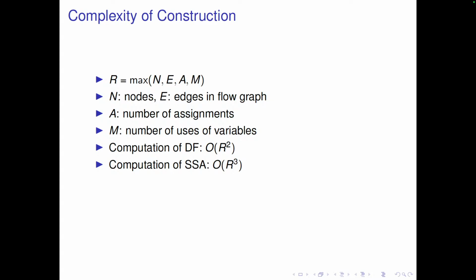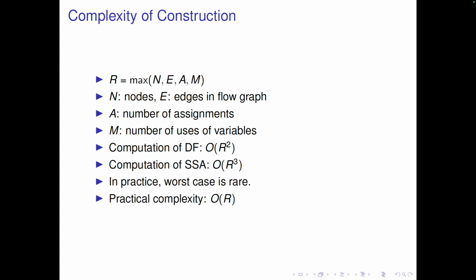Generally you want linear or at most quadratic complexity, but these worst cases, in the computation of DF or R square, occur very infrequently because you don't have an assignment in all nodes, you don't have a usage in all nodes for every variable. So practical complexity is actually linear. In almost all programs you can get linear complexity.